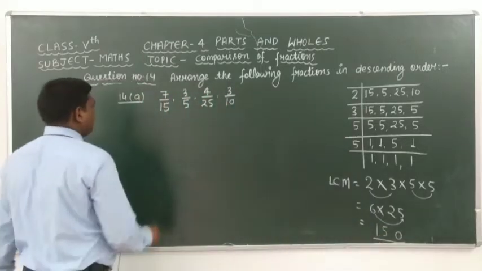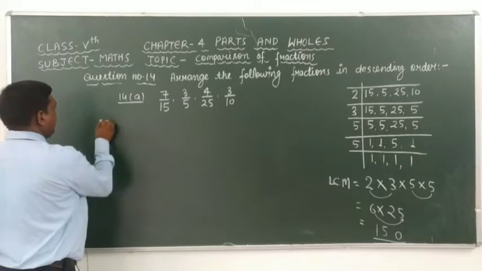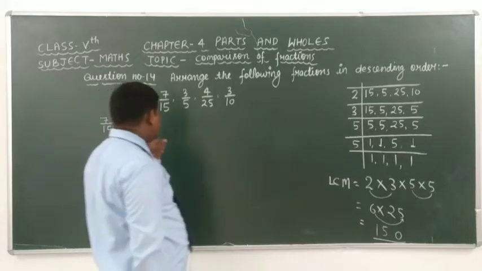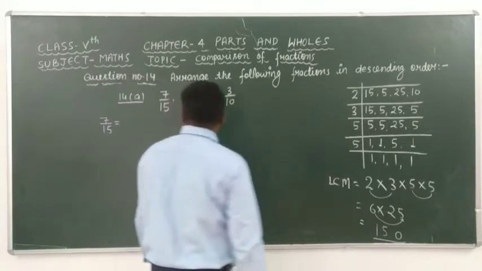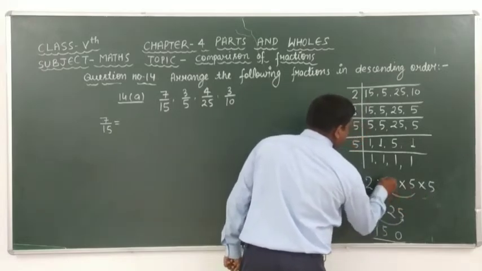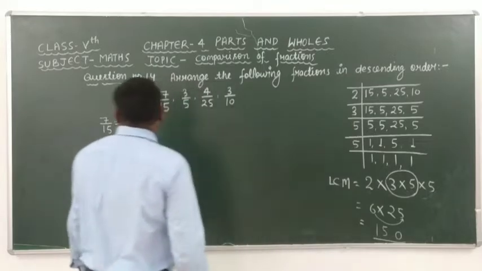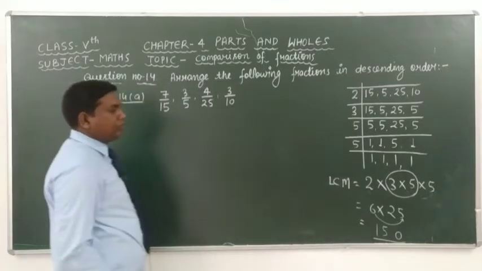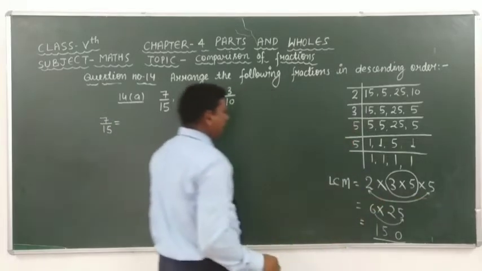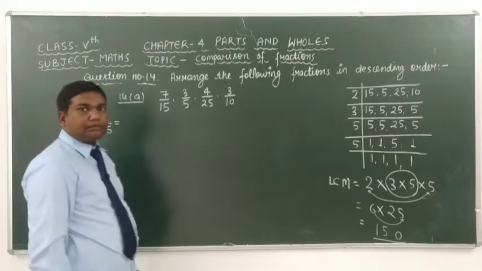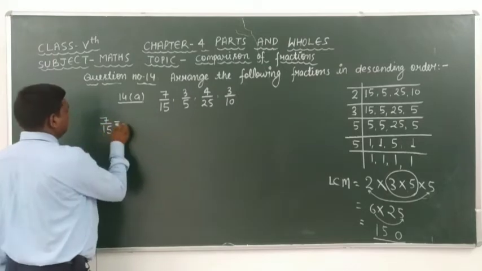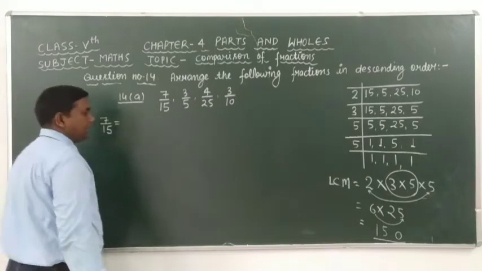Okay, here we are given 7 over 15. Students, in this fraction, look at here carefully. We know that 15 times 10 is 150. Then in this fraction we have to multiply the numerator and denominator by 2 and 5 for getting the same denominators.